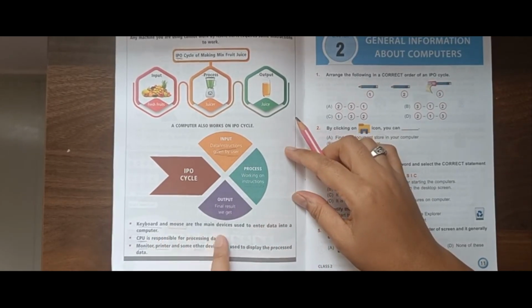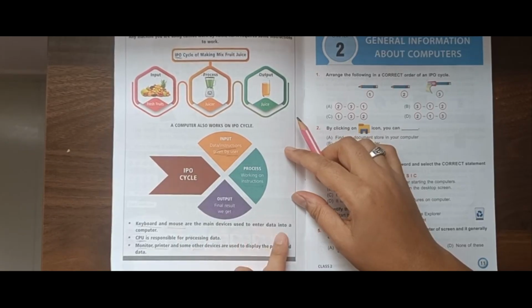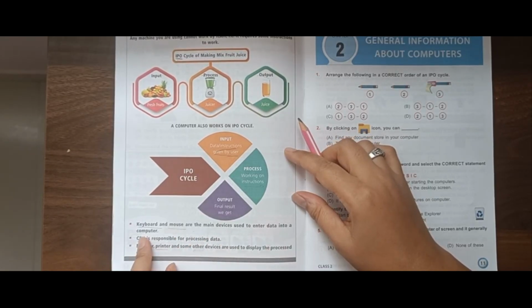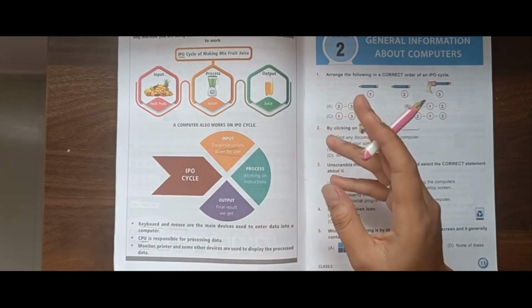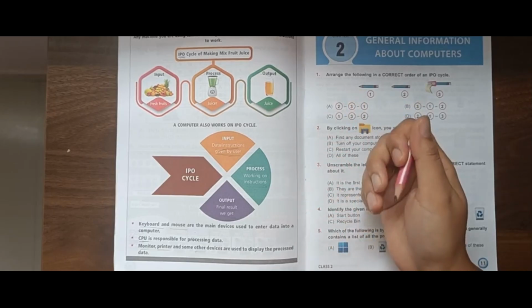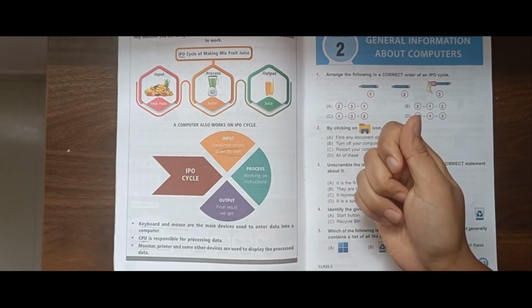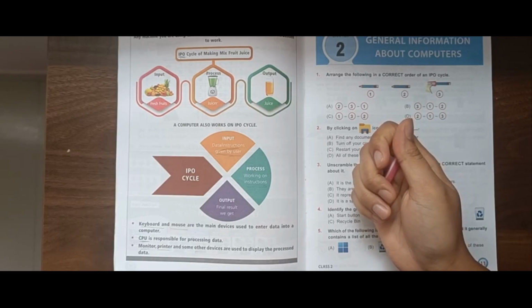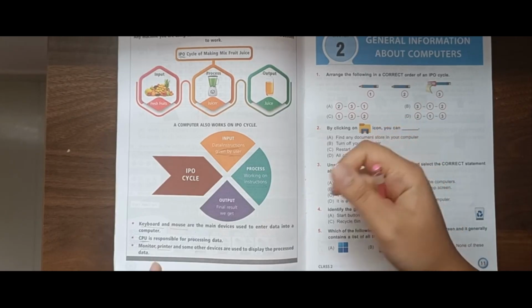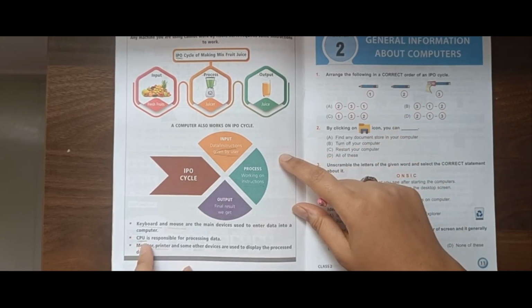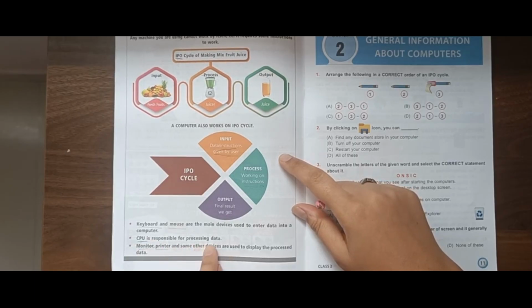Keyboard and mouse are the main devices used to enter data into a computer. CPU is responsible for processing data. Keyboard and mouse are input devices, using which we give input. Touch screen and webcam are also input devices.